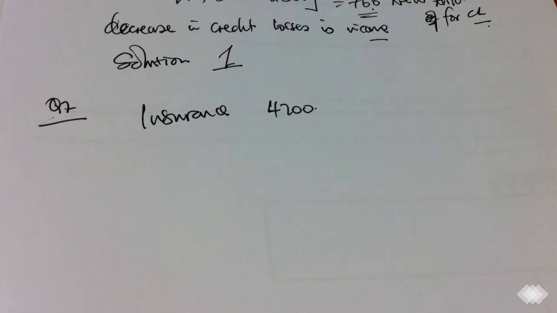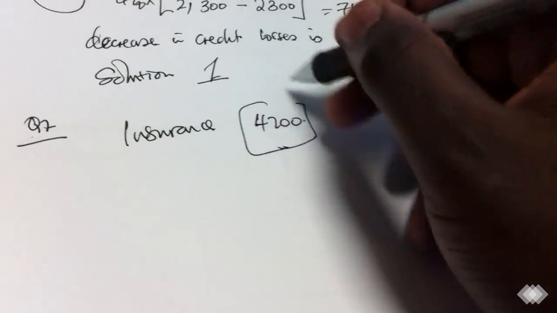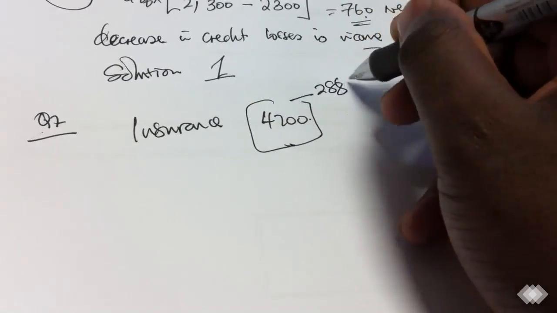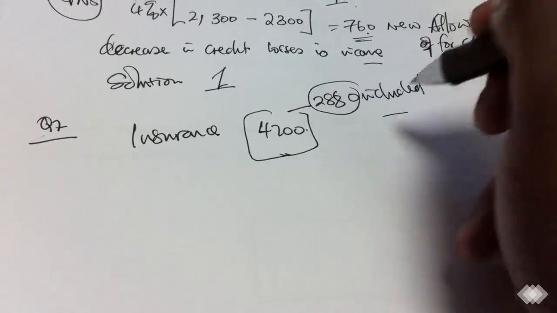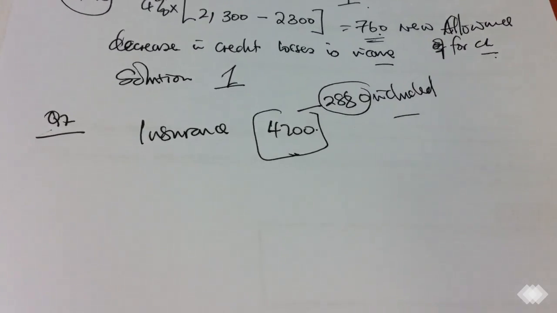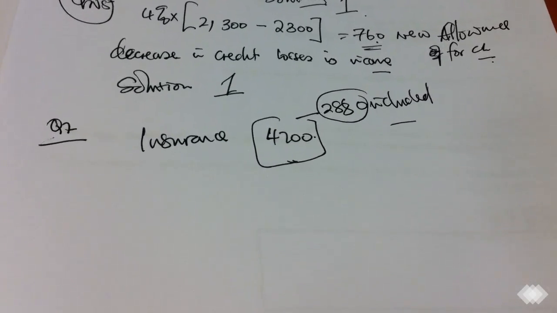So we have how much? 288. So in this amount, 2880 is included. But not all of it should be included because some of it falls beyond our year end, isn't it?